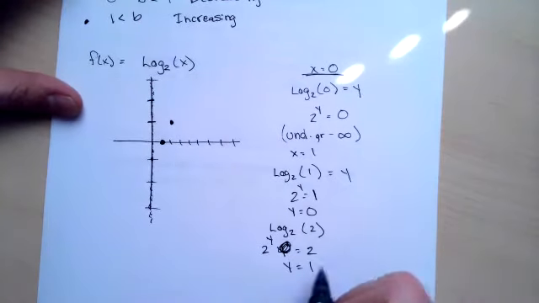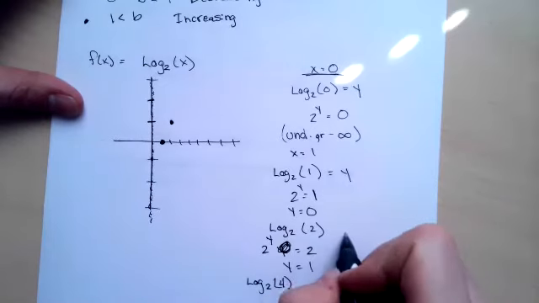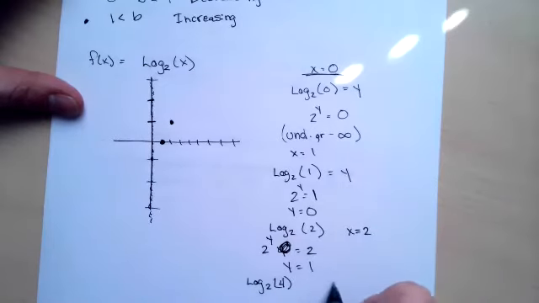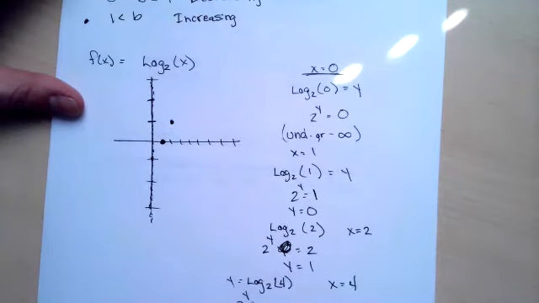And then, let's see, we can do a couple more. We'll have log base 2 of 4. So, excuse me, this is x equals 2. This one's x equals 4. And this will say 2 to the y equals 4. So y equals 2.